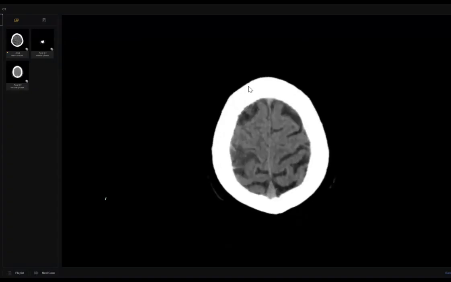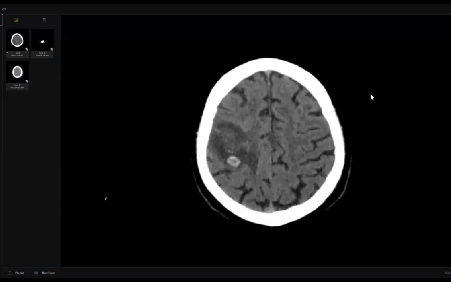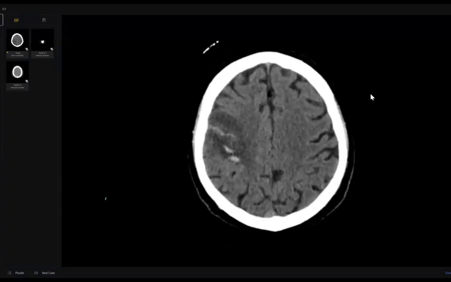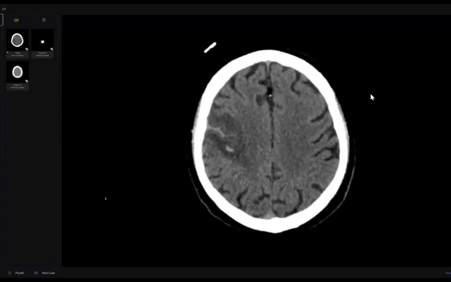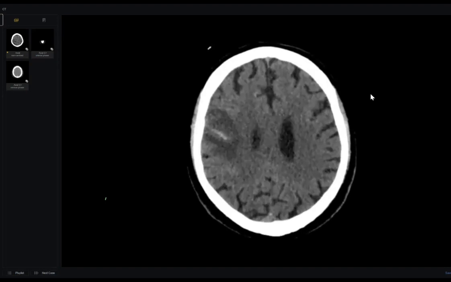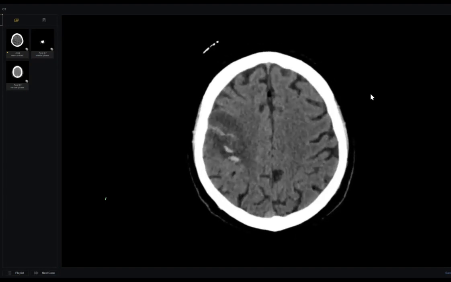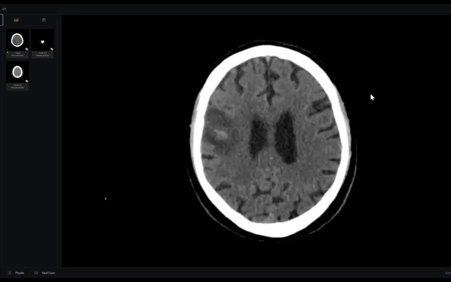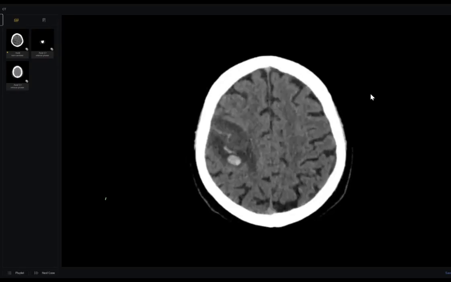I would also like to take history of any bleeding disorder in the patient, protein C or S deficiency. Some malignancy, he could be taking some medicines which could lead to sinus thrombosis.